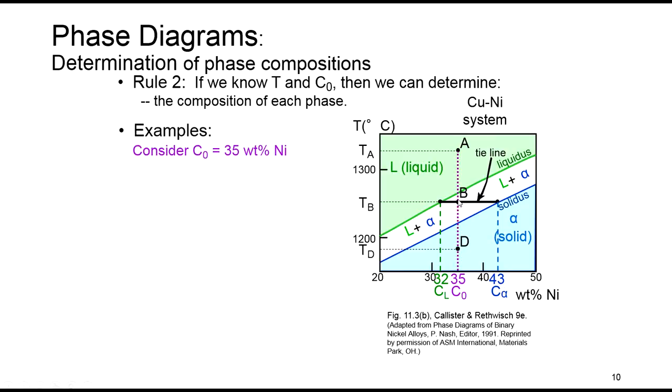In other words, at point B we have the liquid phase at which the composition of nickel is 32%, and we have a solid phase alpha at which the weight percent of nickel is 43%.